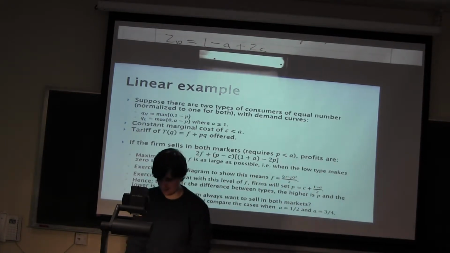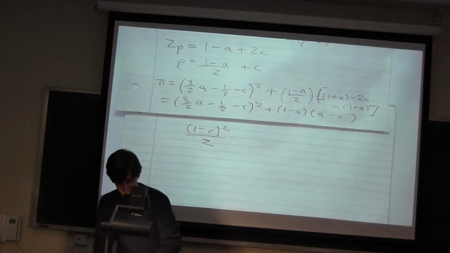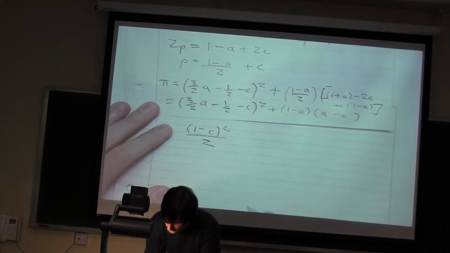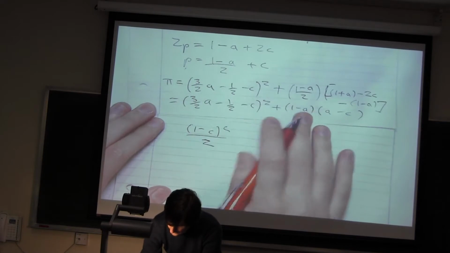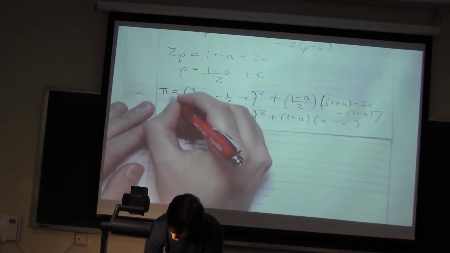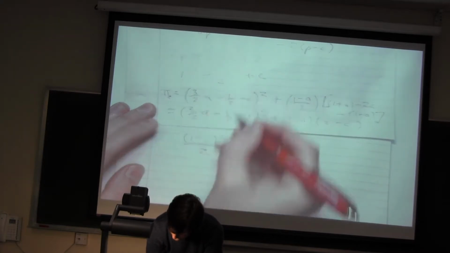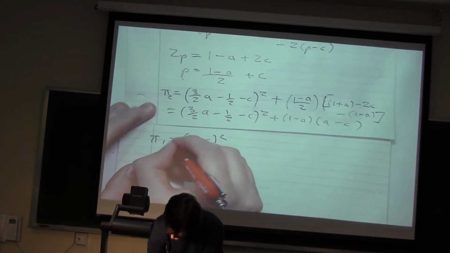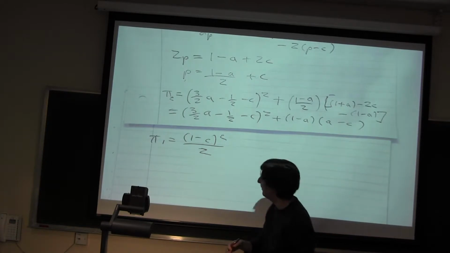Okay, so I've taken some nice numbers. So with c is naught, let's call this one pi 2 for selling in 2 markets, and this one pi 1 for selling in 1 market.